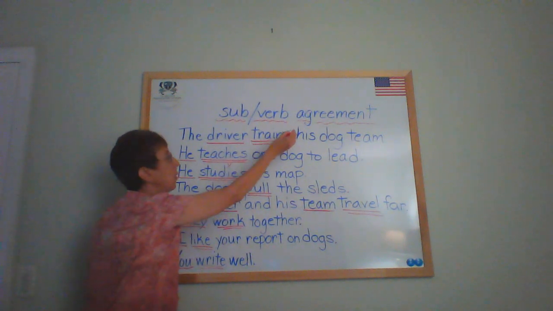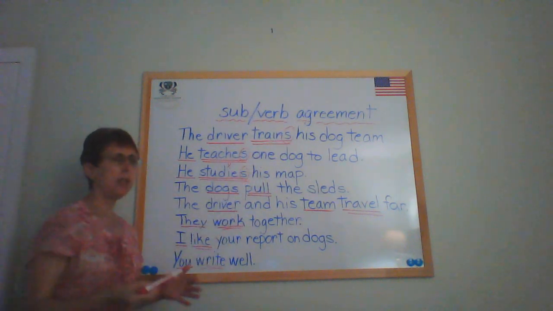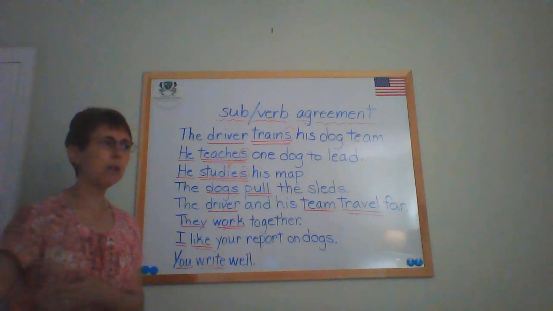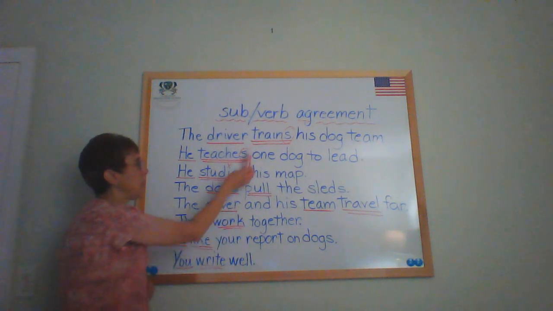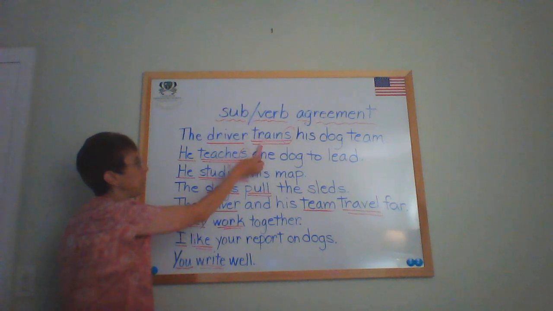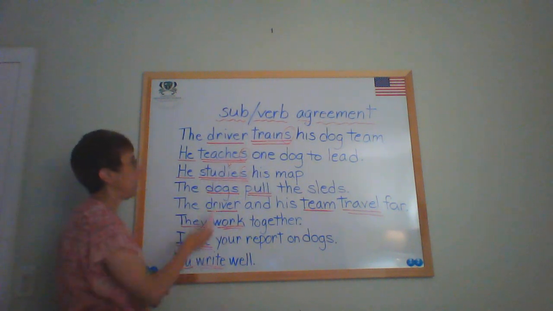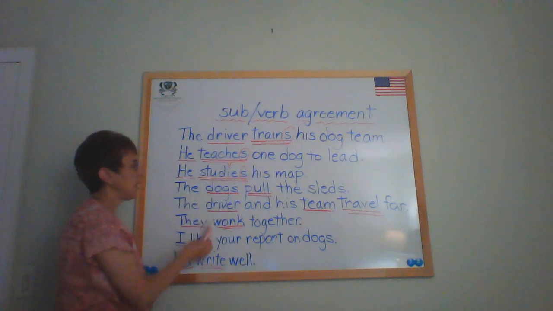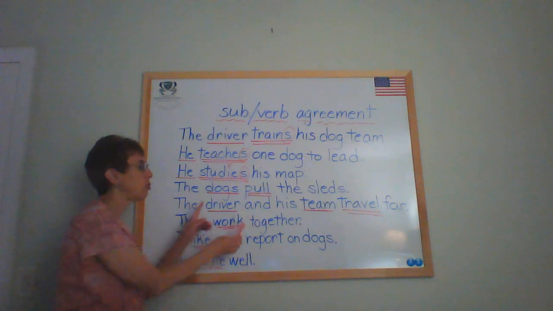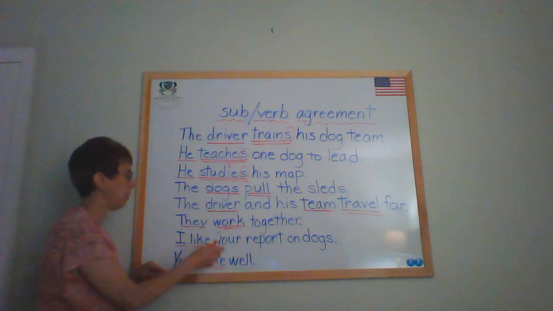And even though these verbs have those S's, which usually make us think plural when we have S's, when we're talking about subject-verb agreement, we say it's singular because it's being used with the singular subject. Okay, so the driver trains, he teaches, he studies. Dogs pull, driver and his team travel, that compound subject.